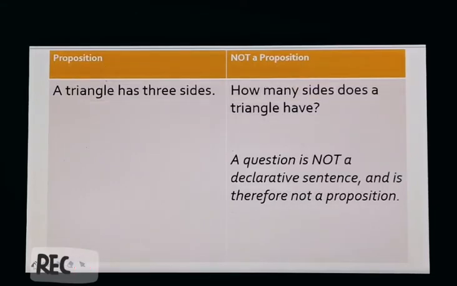A triangle has three sides. This is another example of a proposition. But when we say, "How many sides does a triangle have?" is not a proposition since this is not a declarative statement.